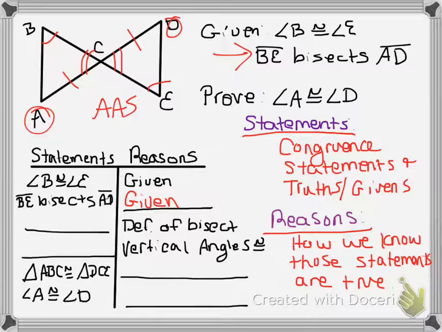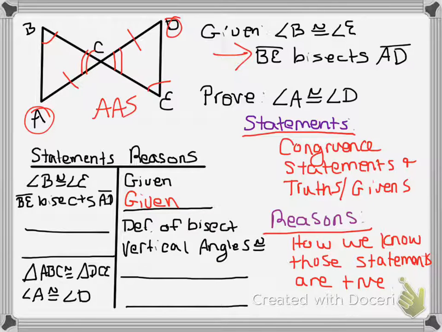This next one, definition of bisect. The question I have to ask myself is, what do I know about bisecting? I know that bisecting is where something was cut in half. So, what can I get from that? What did I know was congruent by using the definition of bisect?